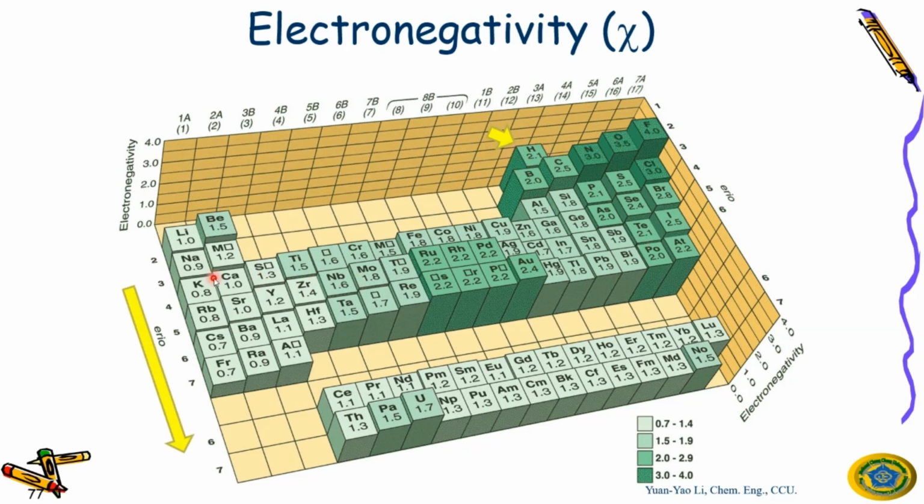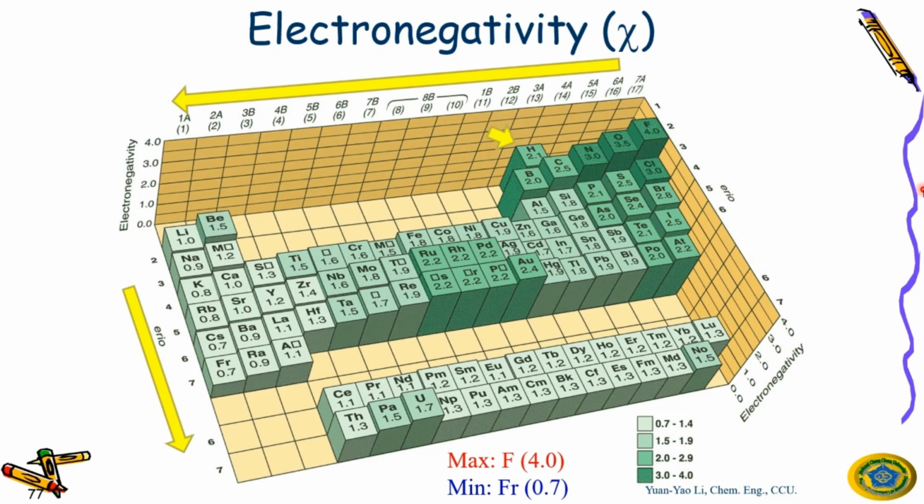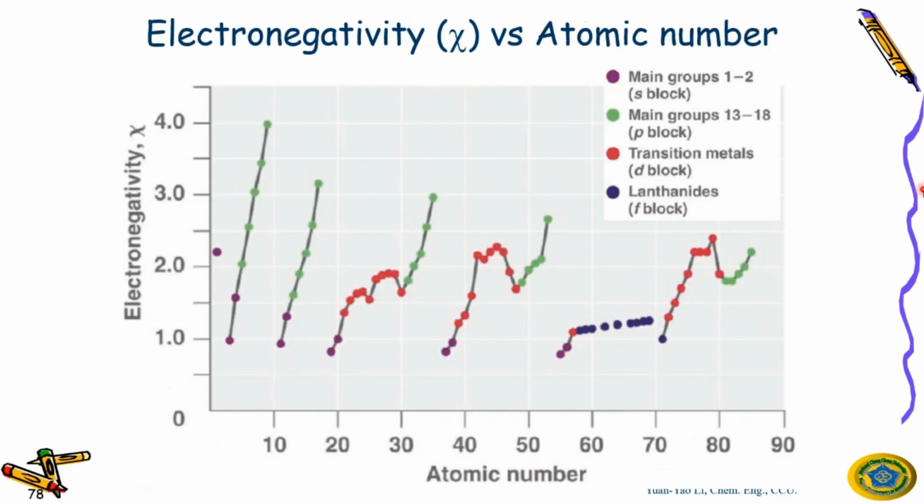So it will decrease from the top to the bottom, and decrease from the right to the left. And the highest is for fluorine, right? The chi is 4. The lowest is francium, which is 0.7. Okay. So this is the trend of the electronegativity versus the atomic number.